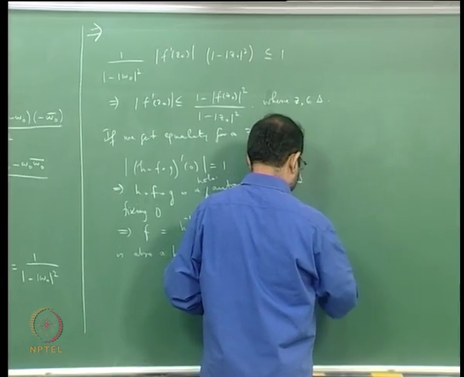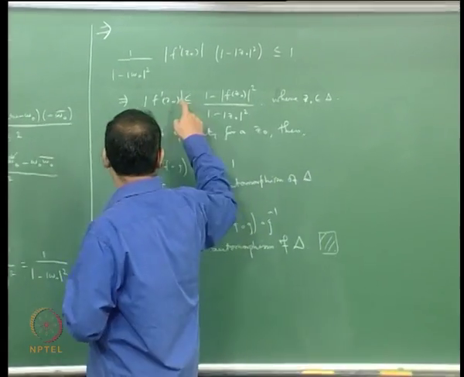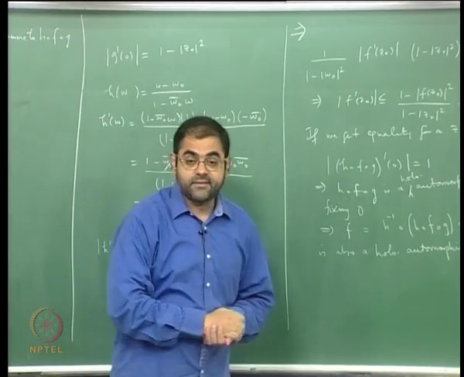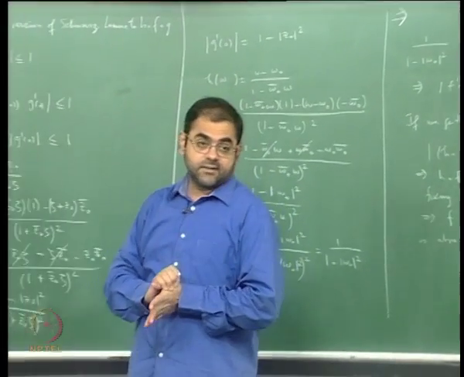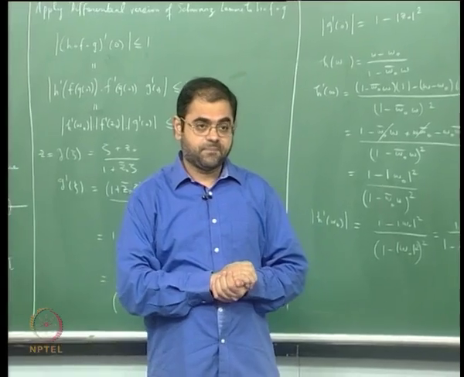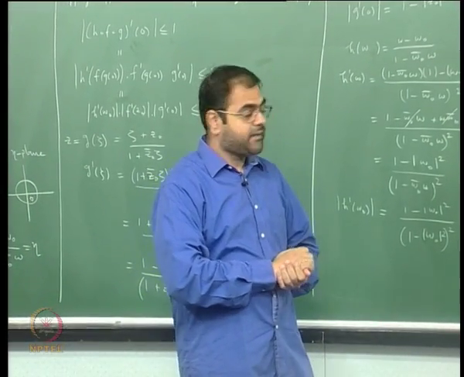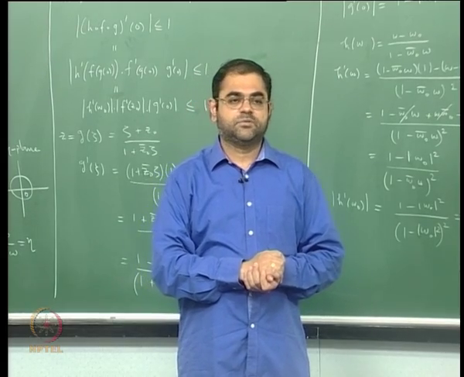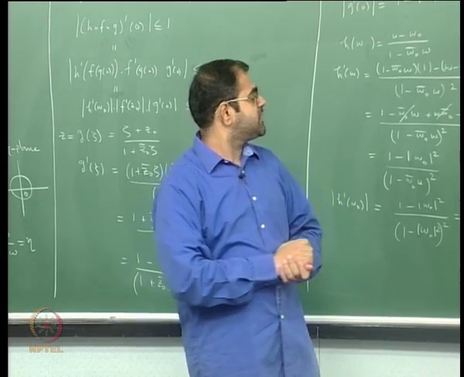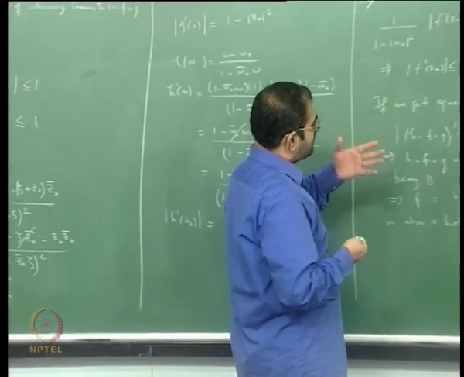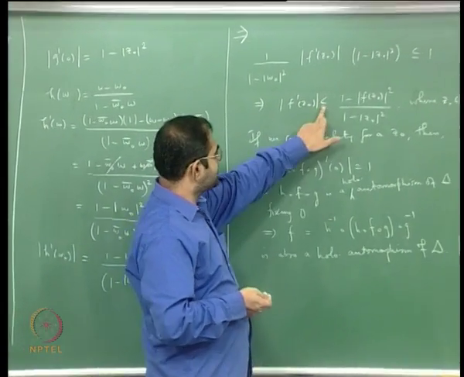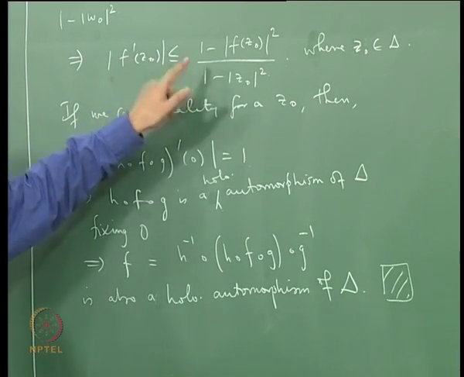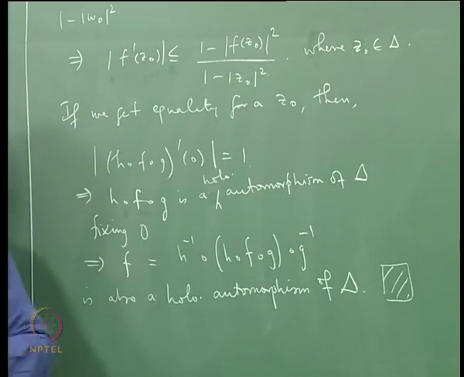So Pick's lemma tells you that you get equality here for a single z0 if and only if you get equality there for every z, and that will happen if and only if the function f is an automorphism. In other words, if f is not an automorphism of the unit disk, then there will be strict inequality: mod f dash z0 is strictly less than the quantity on the right side.